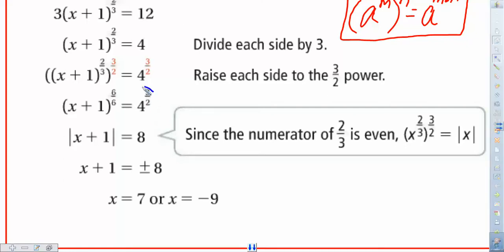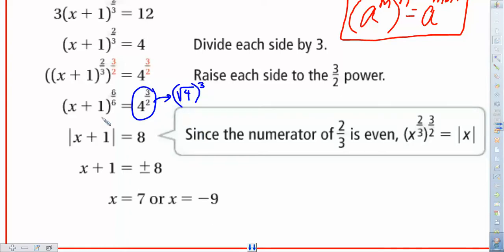We are taking 4 and raising it to the 3/2 power. In other words, what is actually happening is we are taking the square root of 4, and then raising that to the 3rd power. That's why we get the answer of 8.